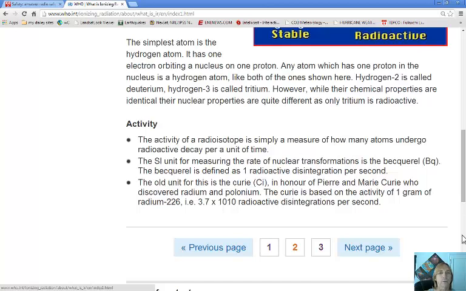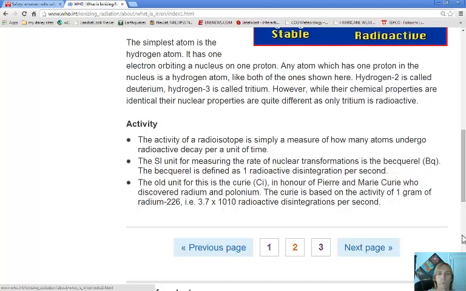Activity. The activity of a radioisotope is simply a measure of how many atoms undergo radioactive decay per unit of time. The SI unit for measuring the rate of nuclear transformation is the becquerel, Bq. The becquerel is defined as 1 radioactive disintegration per second.